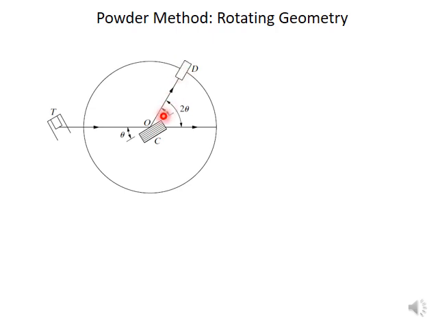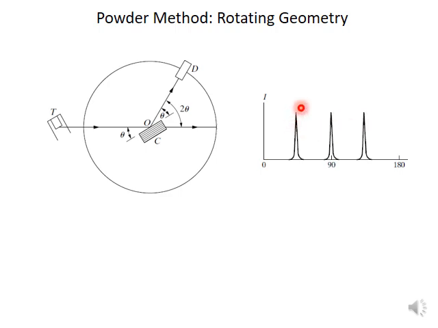The sample is rotated about an axis of rotation going through O, and the detector is rotated by the same angle. Basically theta is changing and 2 theta is changing, and you keep doing this and record the intensity at different 2 thetas. Once you do this, you can plot the intensity as a function of 2 theta, and you find that at specific 2 theta values you get very sharp peaks if you have crystallinity in the unknown sample.